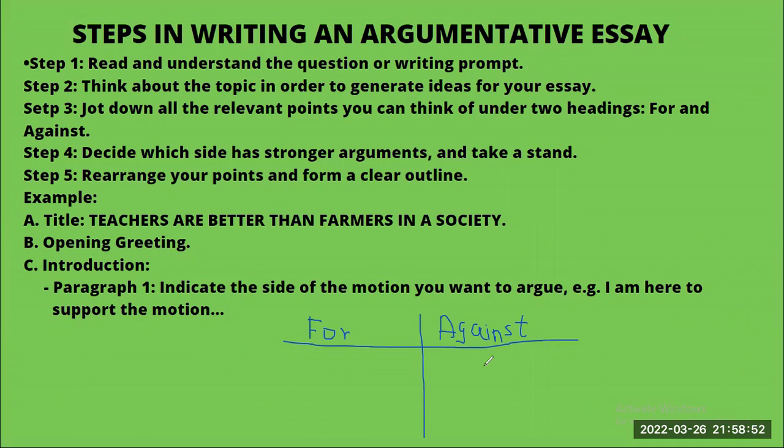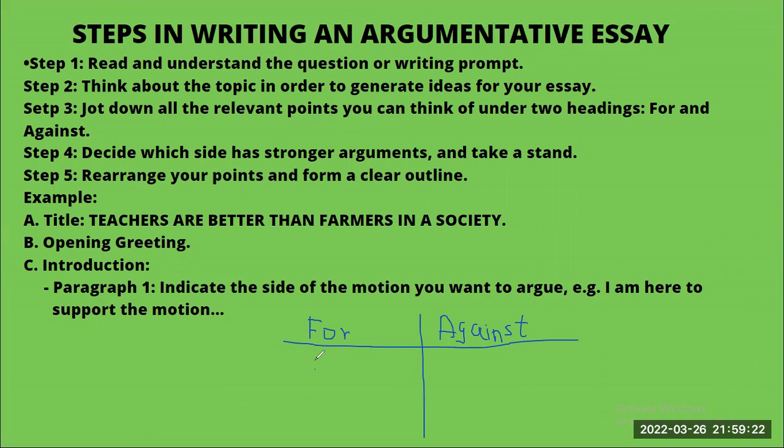2 sides, and in step number 4, you decide which side has stronger arguments and take a stand. Assuming you have 5 points here and you have only 3 points against, then you may decide to choose this side. And then to make your points very powerful, you reorganize your points and probably merge some points into stronger points.